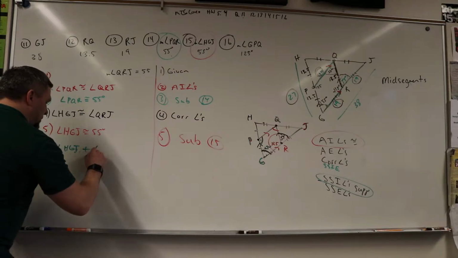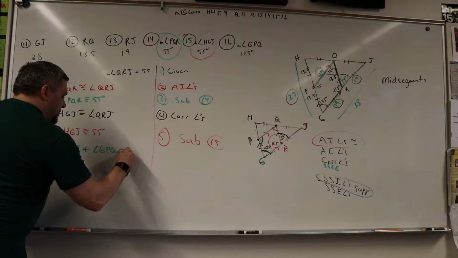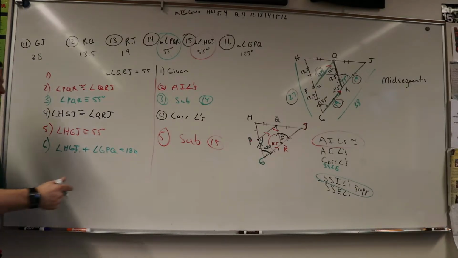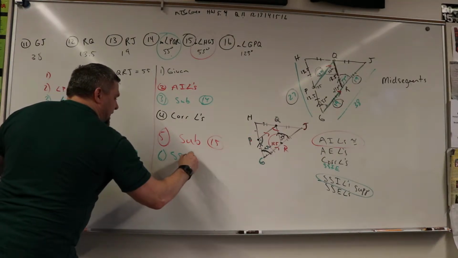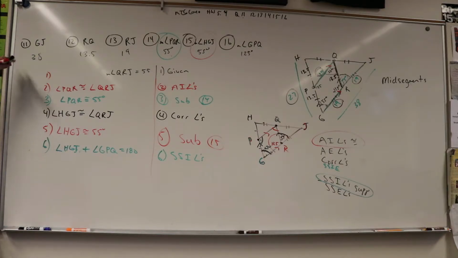GPQ is equal to 180 degrees. Why? Because the same side interior angles. Okay? So right now we've used chapters 3, 2, and 1, and 5 in order to solve these 6 problems.